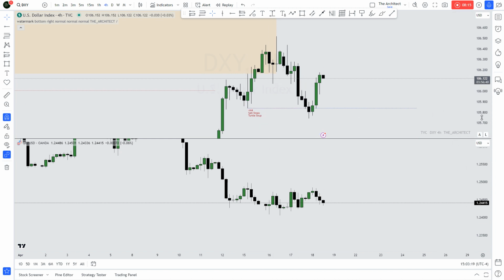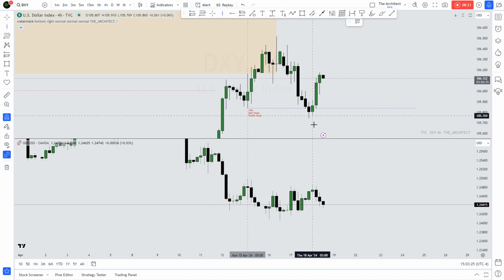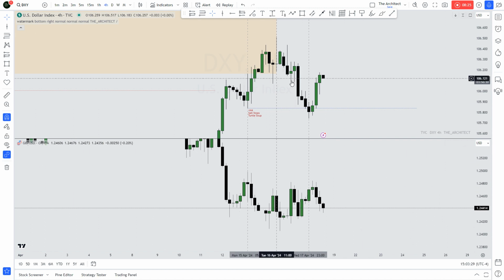The way in which you'd want to do so is by using SMT divergence, smart money divergence. I do have a video on this.